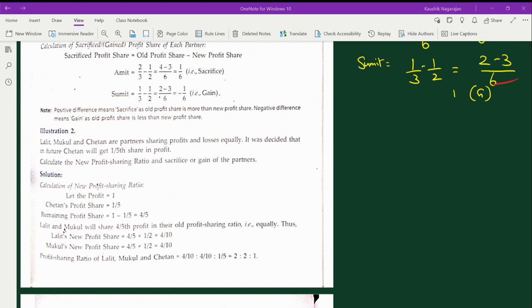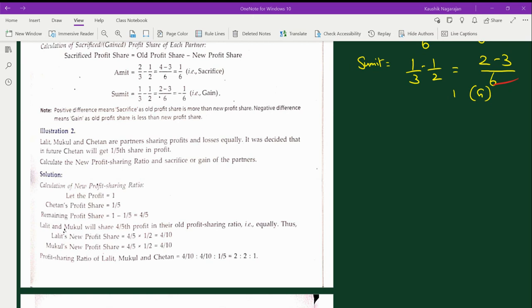Whereas if you want to find out the gain, the formula for gaining ratio is equal to new ratio minus old ratio. And remember, when you are deriving sacrifice or gain under the topic of change in profit sharing ratio among the existing partners, the partner who gets a positive value is undergoing a sacrifice, and the partner who gets a negative value is deriving a gain out of this change.